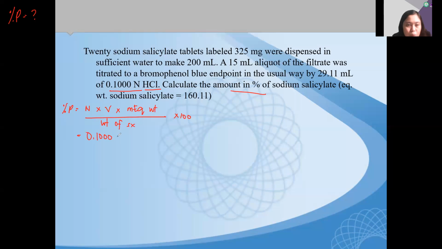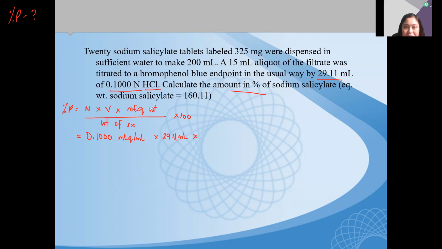I'll be using MEQ per ml so that I can easily cancel the units. Times the volume. The volume used during titration is 29.11 ml. Times the milli-equivalent weight.